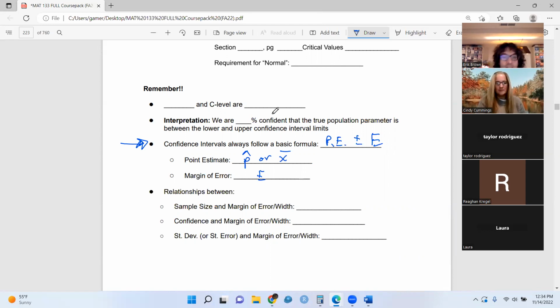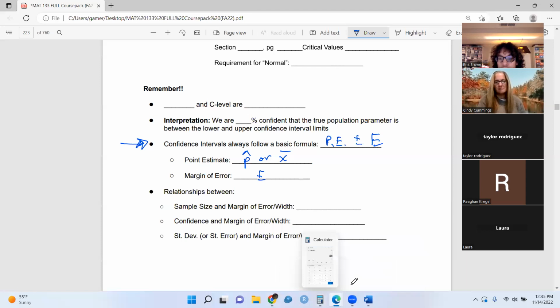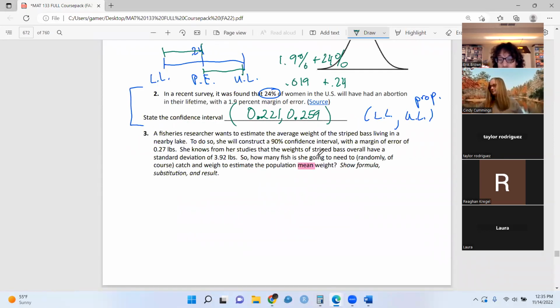I often see on final exams students trying to type this into StatCrunch to find that confidence interval. And you can't because you don't know the sample size. If we knew the sample size, then you could, because we could multiply the sample size by 0.24, which would get us X, and all we need is X, the sample size, and the confidence level. The problem is we don't know the confidence level either. So you're really stuck.